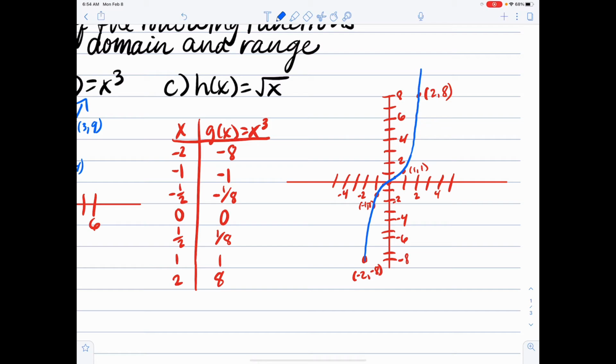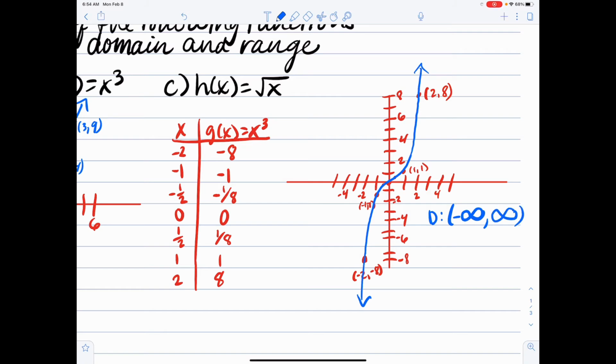So you guys have seen an x cubed function before. And then it extends both ways because every time you go further into the positives for the x, the value continues going up for y, and the same when you go into the negatives, okay? So our domain is the same. Our domain is any value you can plug into x cubed. So that's negative to positive infinity.